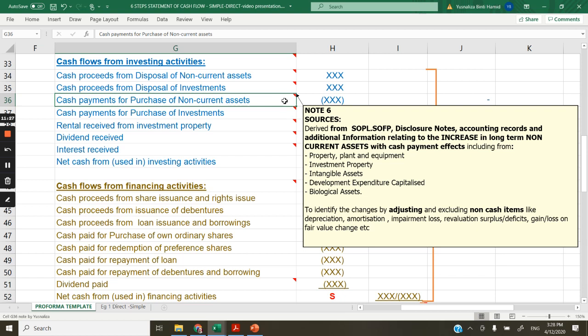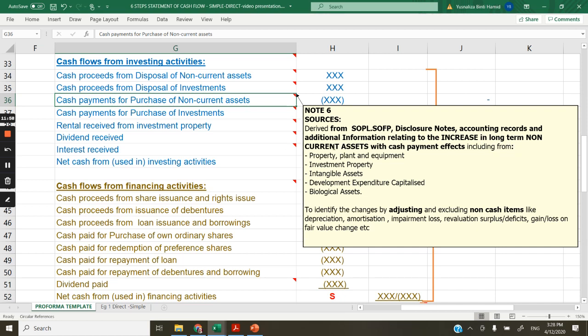As I mentioned, that can be derived from SOPL, statement of profit or loss. You can go and check the information that might be relevant. SOFP, statement of financial position. Disclosure notes to the account. Maybe the movement of property, plant and equipment, movement of intangible asset, movement of investment property, the notes accompanying them, accounting records, and additional information relating to the increase in the long-term non-current asset.